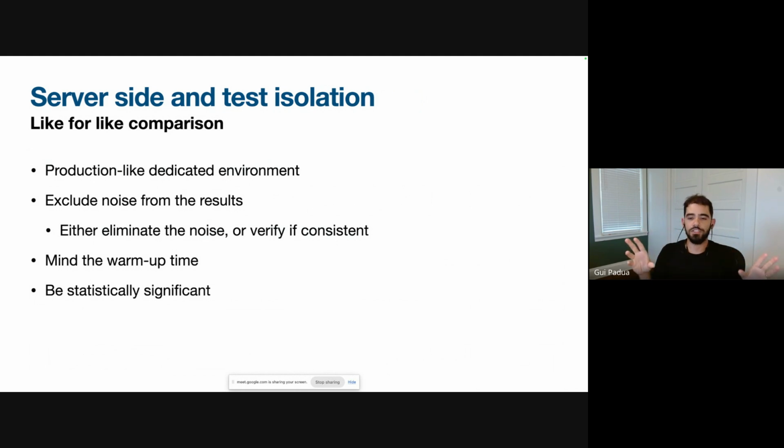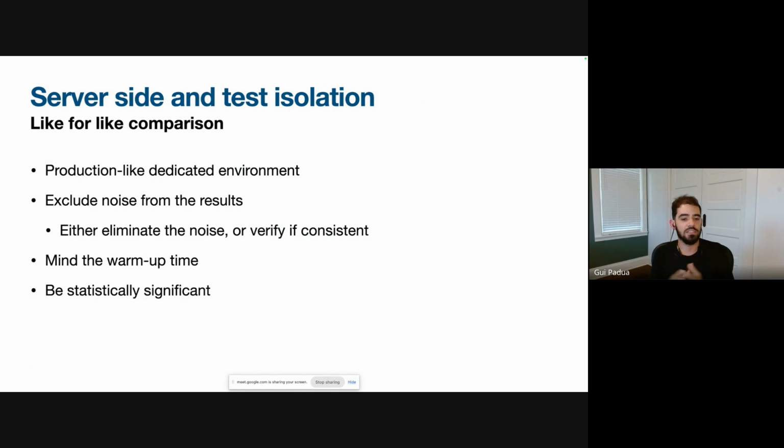Eliminate noise can be just that there is no noise, or if there is noise, that noise is consistent. So in one test the noise was there, and then in the other test the noise should also be there. So it's impacting both tests and you can compare, so it's not a problem. We want to consider the warm-up time and remove that from the test. So basically run the test usually for a longer time.